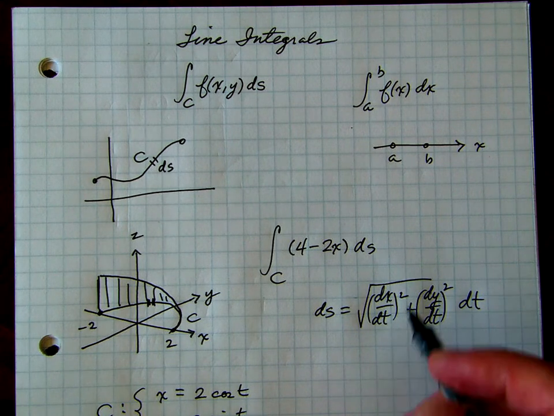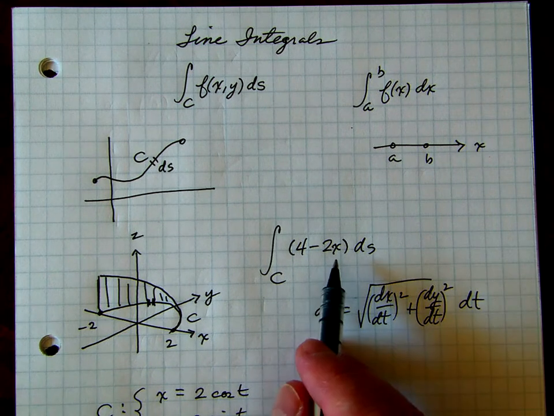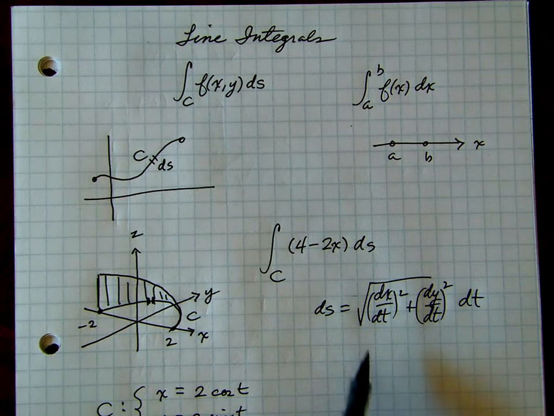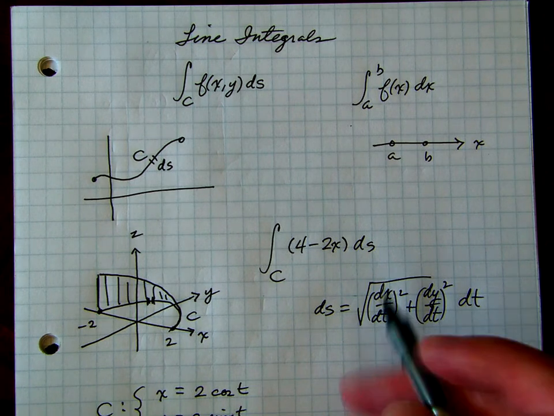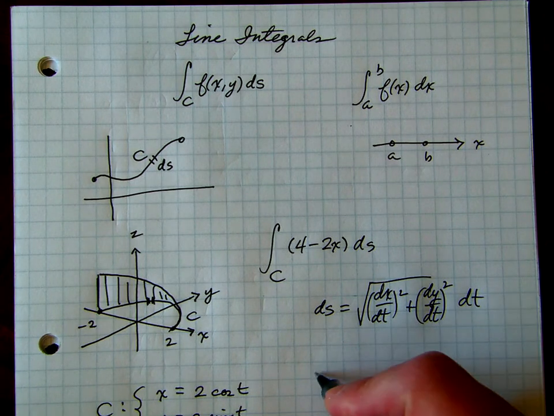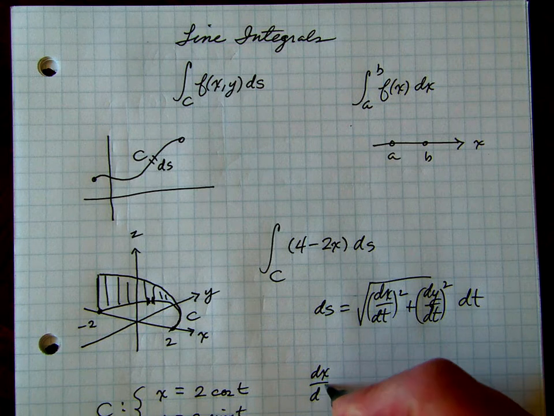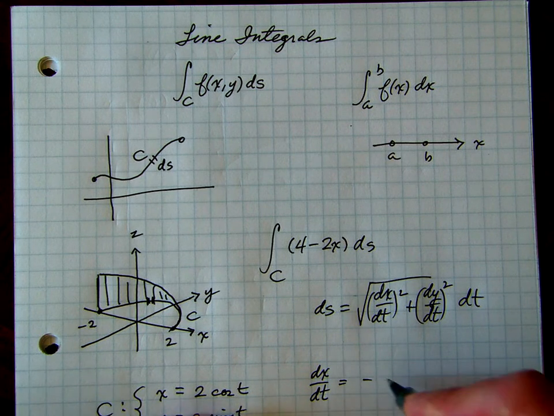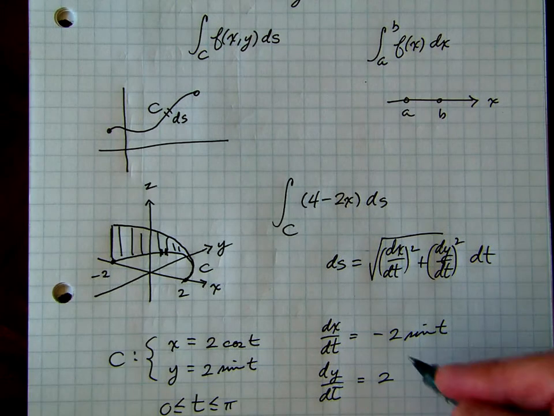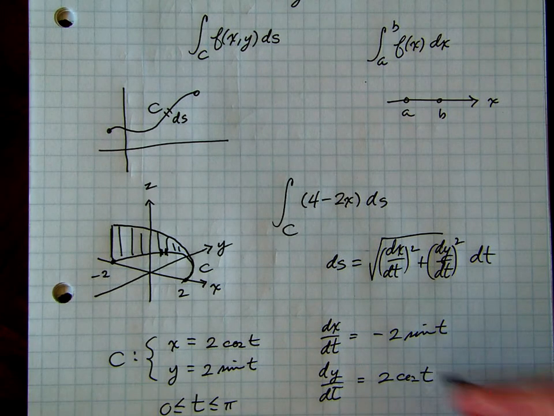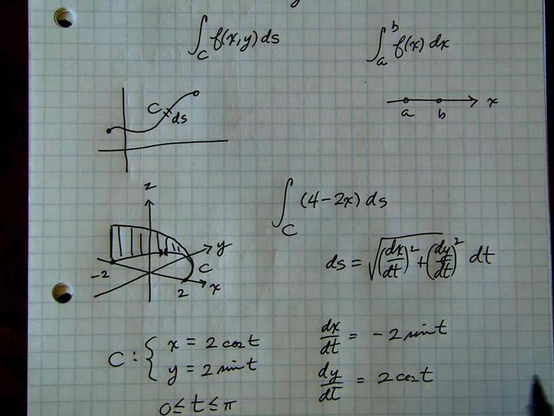So my integral is going to require me to substitute for x. I'm going to have to substitute for ds, and my limits of integration will be 0 to pi. So let's go to work. We know what dx/dt is. It's just minus 2 sine t. dy/dt is 2 cosine t. All right?